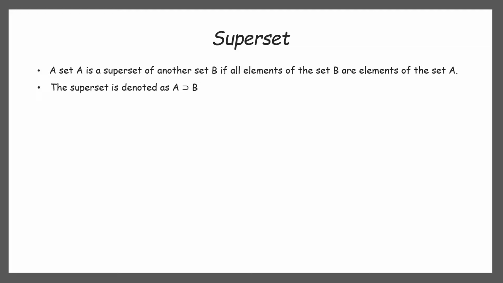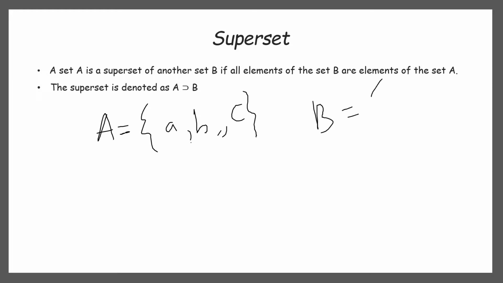Means if we have a set A, and there's set B which is only B and C, let's say. Now each element of B is present in set A. So this A is a superset of set B.